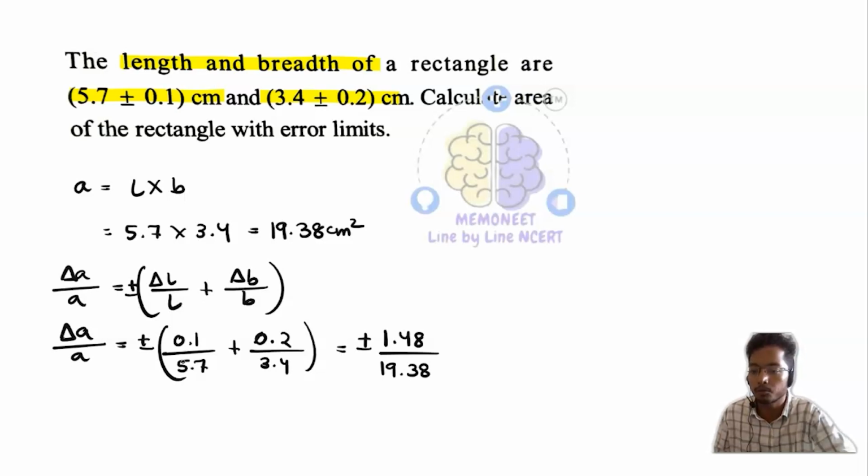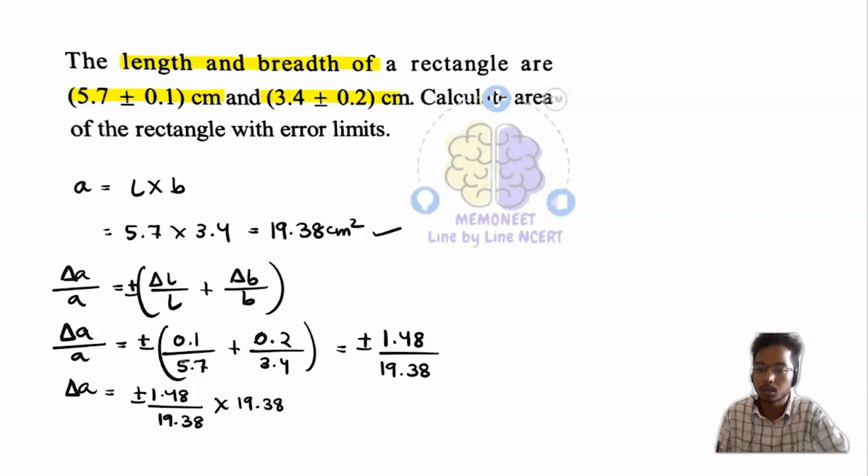So if we want to find out the error, it is relative, and if you want to find out the error, that is del A is equal to plus minus of 1.48 upon 19.38 into A. What is A? A is 19.38. Okay, here we have found the mean value, that is equal to plus minus of 1.48.